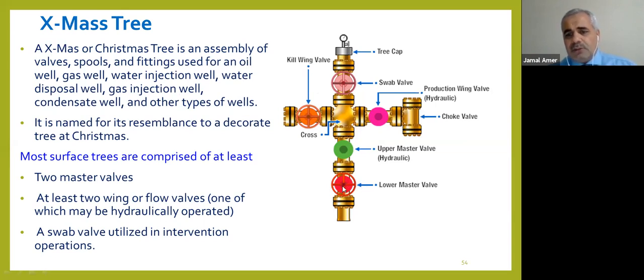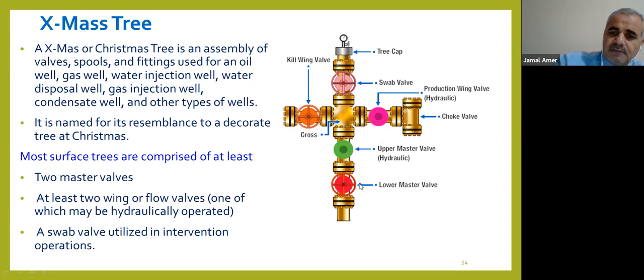As I told, it's only for emergency cases because this is the last defense line, the last barrier on the wellhead that can be used in emergency cases. If we use this valve frequently, maybe it will erode or get some passing.